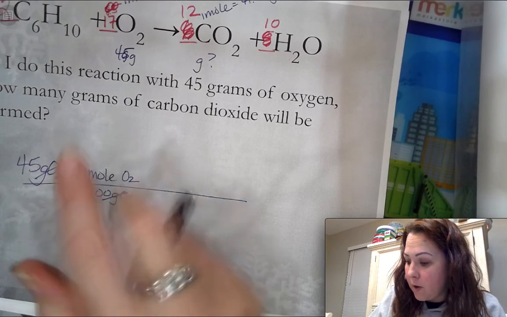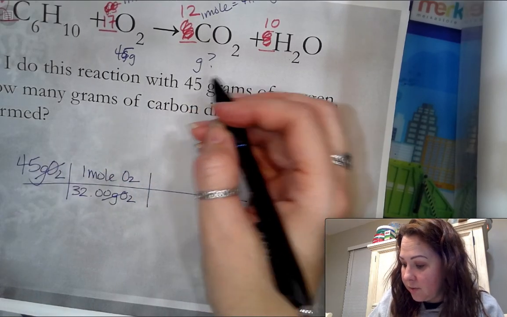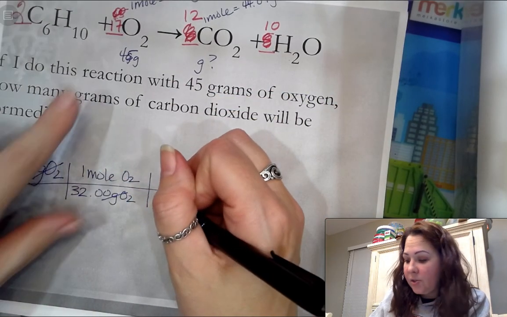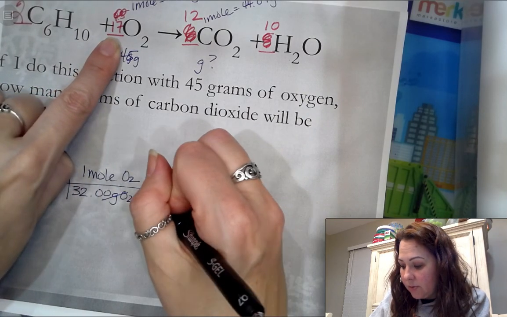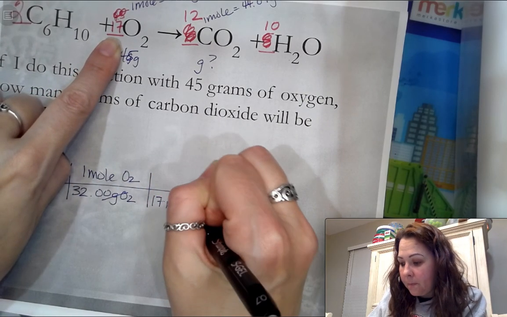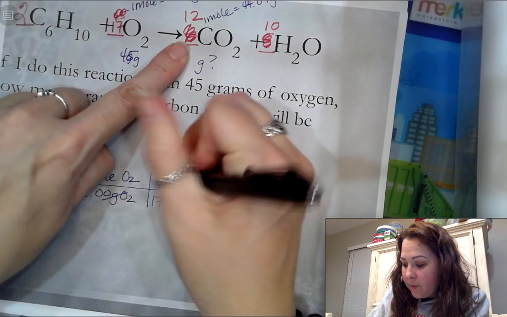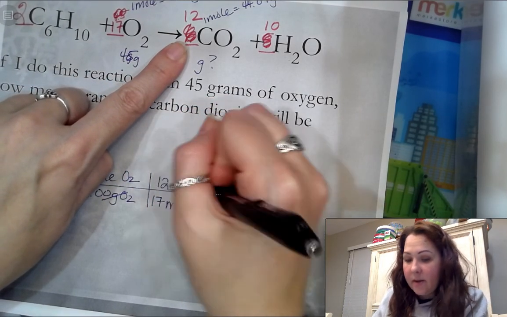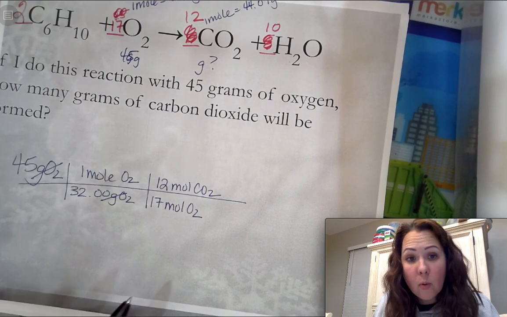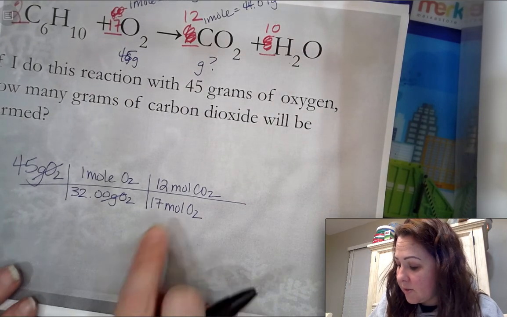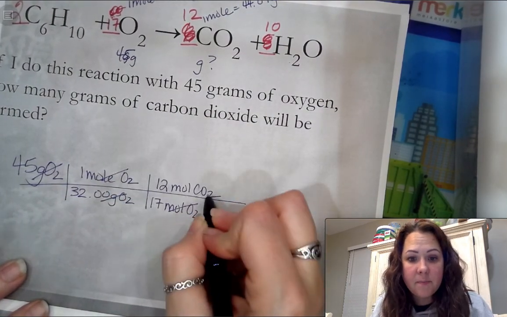Now I can go from moles of oxygen, which in this case from my balanced reaction is 17 moles of oxygen, to 12 moles of carbon dioxide. So I used my mole ratio to switch from moles of oxygen to moles of carbon dioxide.